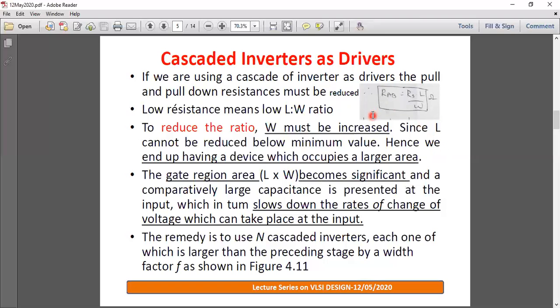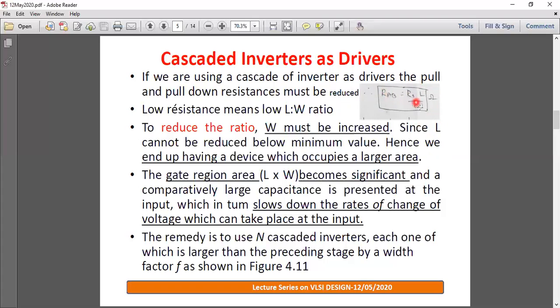But if we want to reduce the delay, we need to reduce the RC product, as delay equals R into C. So since length cannot be reduced below the minimum value, to reduce the resistance we need to increase the width. That is, W has to be increased.